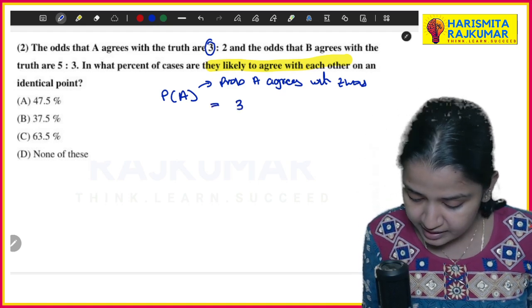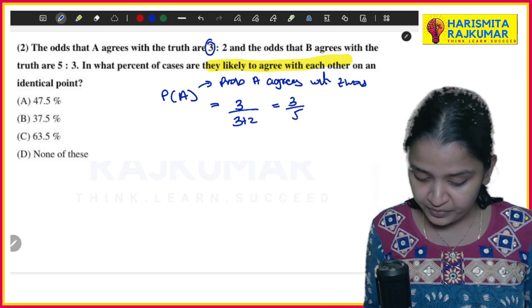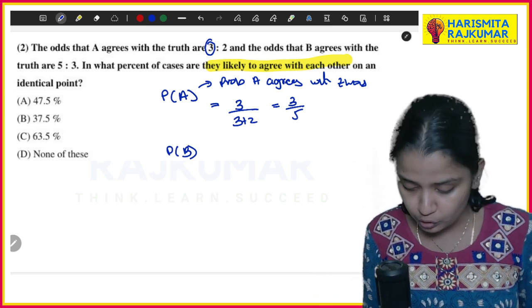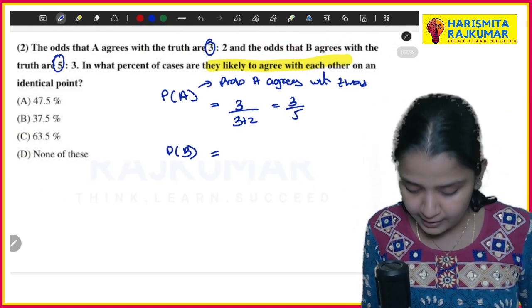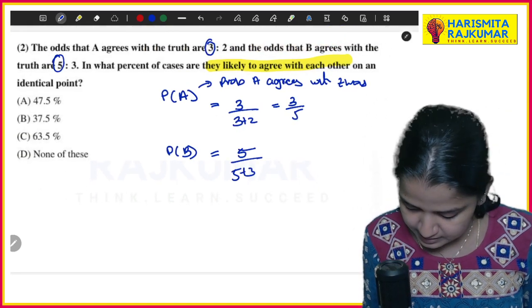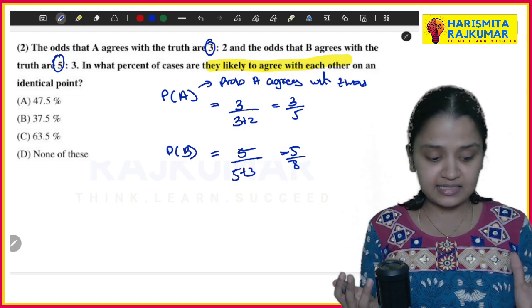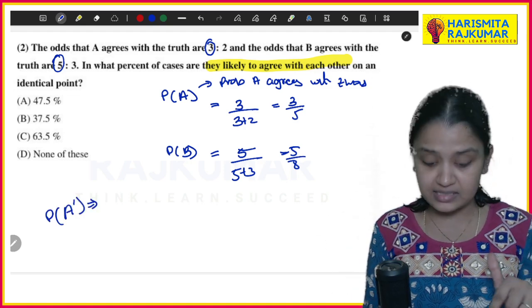So 3 by 3 plus 2, which is nothing but 3 by 5. In the same way, the probability that B agrees with truth, with odds of 5:3, is 5 by 5 plus 3, which is 5 by 8. Now the probability that it is disagreeing. So P of A dash is the probability that it is disagreeing.